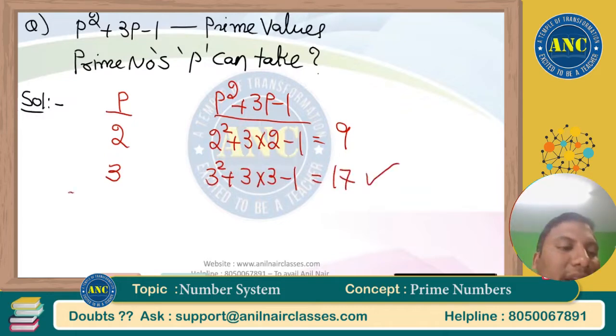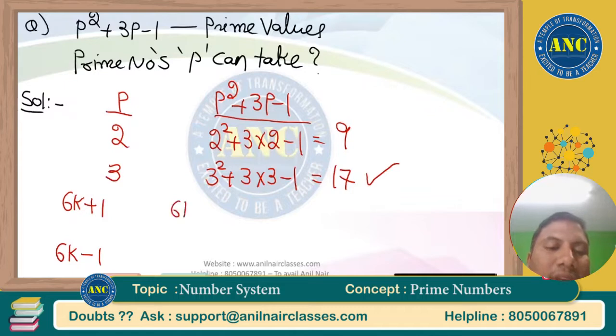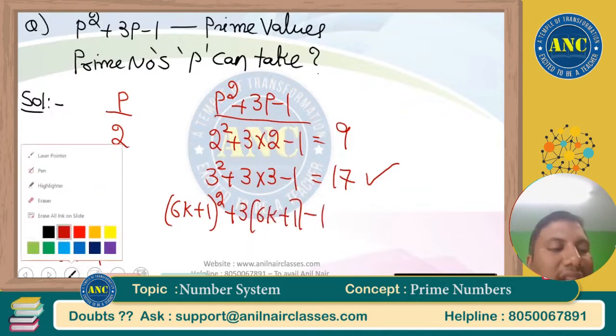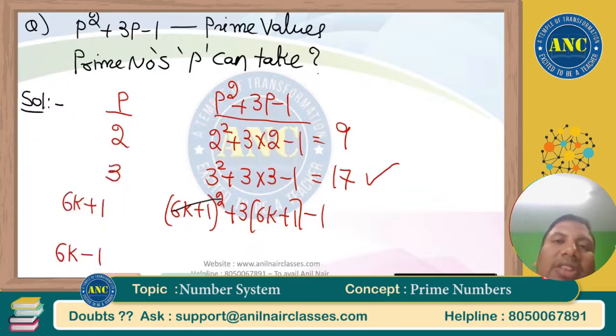Any prime number greater than 3 is 6k plus 1 or 6k minus 1. If I substitute, these are nothing but 6k plus 1 whole square plus 3 into 6k plus 1 minus 1. 6k whole square, 36k square, divisible by 3. 2 into 6k, 12k, divisible by 3. 18k divisible by 3. 3 divisible by 3. 1 minus 1, 0.